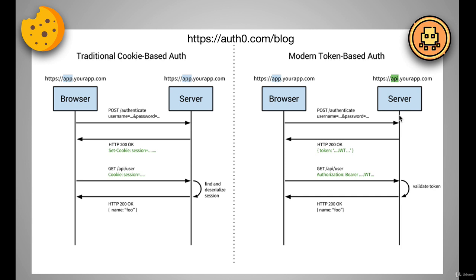Because a JWT token is required and checked with each and every call, as long as the token is valid, the requests can really be processed by anything. And yes, there are ways to do this with a cookie-based authentication as well, but it's definitely more complicated.